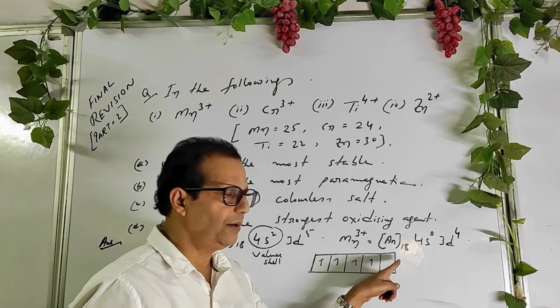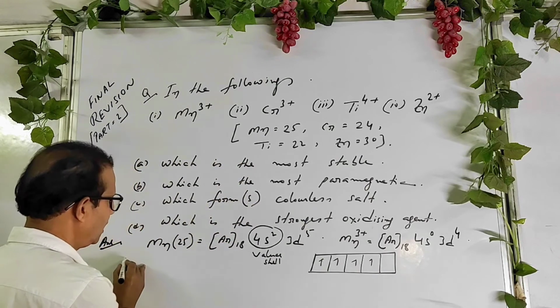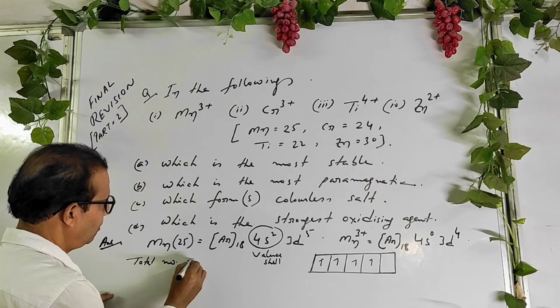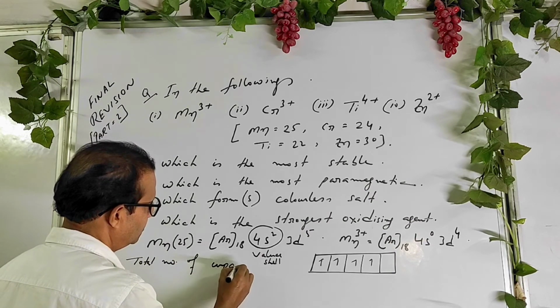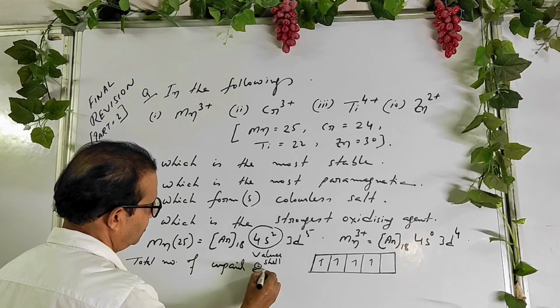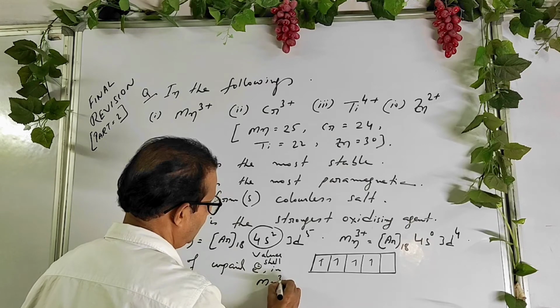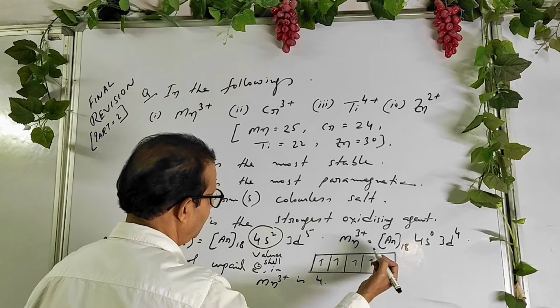So the total number of unpaired electrons in Mn3 positive is 4.